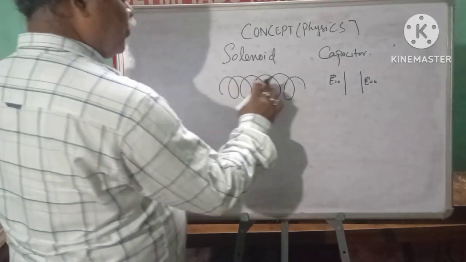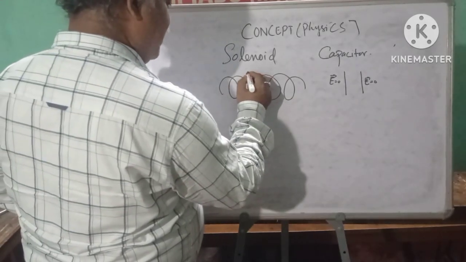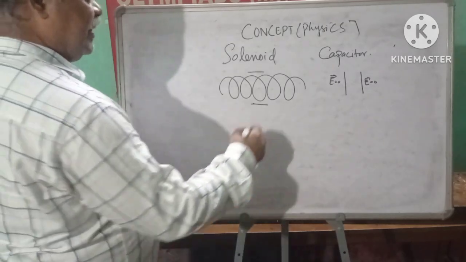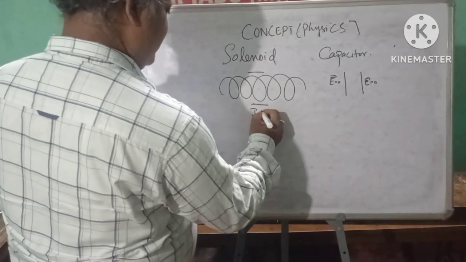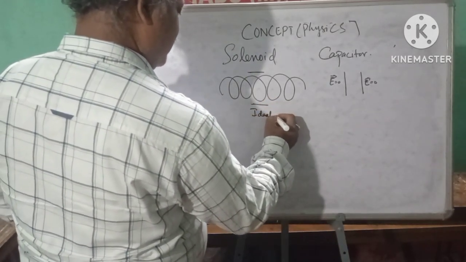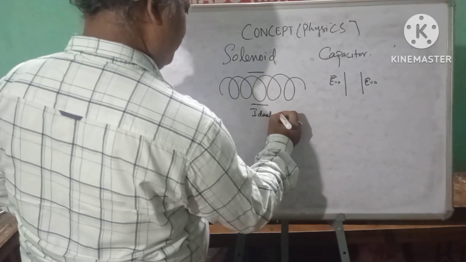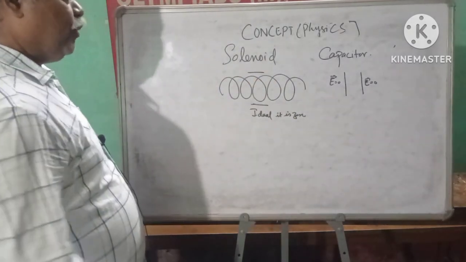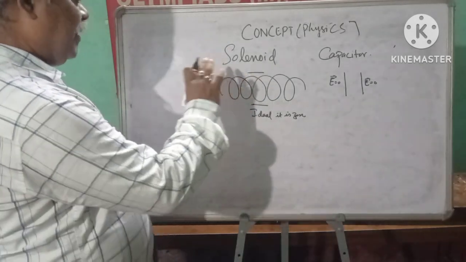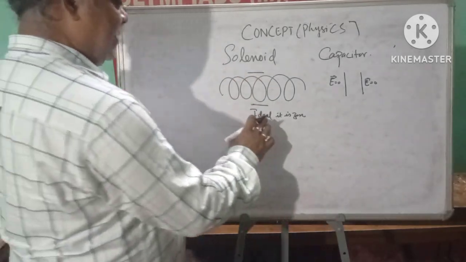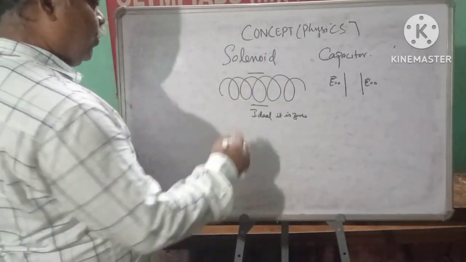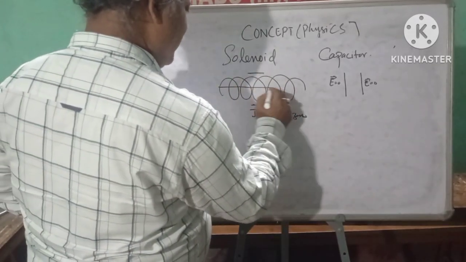Similarly, in a solenoid, your magnetic field outside the coil is ideally 0. It is very less, so you can say ideally it is 0 magnetic field outside the solenoid. Only the magnetic field will be inside the coil.